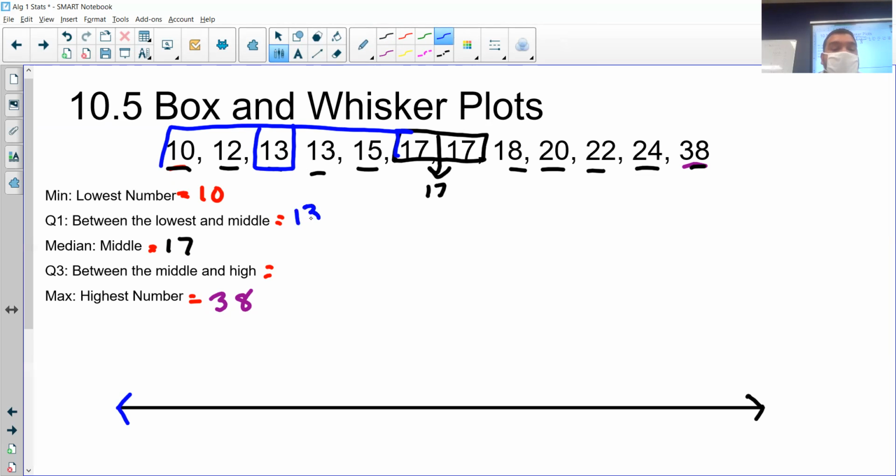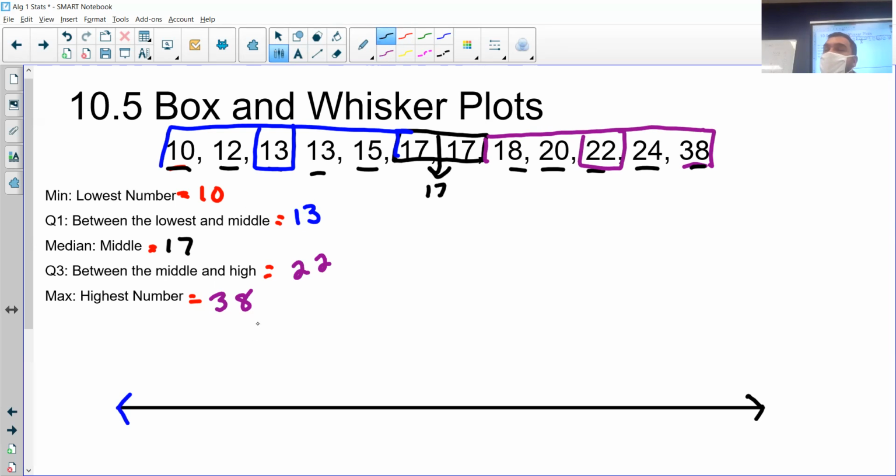So 13 is going to be here. And then the other one, we're going to do the top half, 18 to 38. You do not count the 17 because it was part of the middle. So you don't want to count that. So 22.